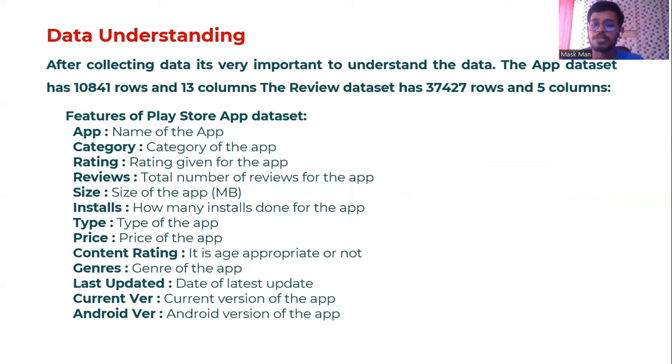The Play Store app data has 10,841 rows with 13 columns, and the user reviews data set has 37,427 rows with 5 columns.